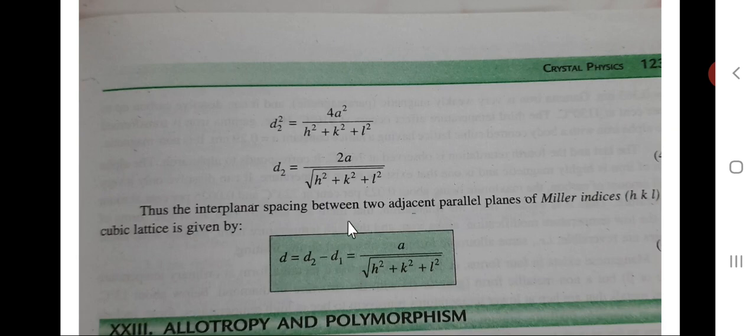From this, d2 square is equal to 4a square upon h square plus k square plus l square.